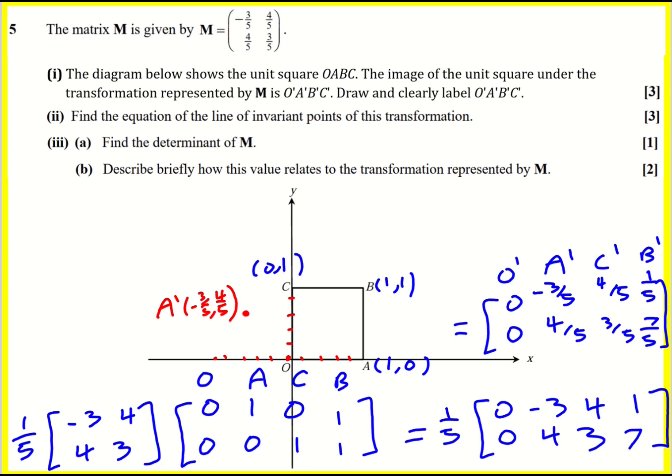Then 4 fifths and 3 fifths. One fifth, or 0.2 and 1.4. Actually, we're going to be going up here. Oh, sorry, I went a bit too far.